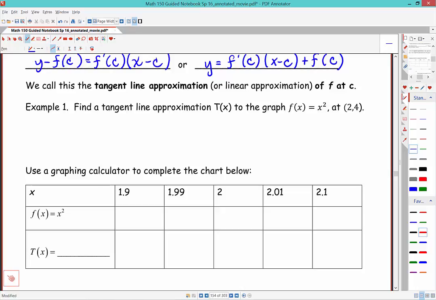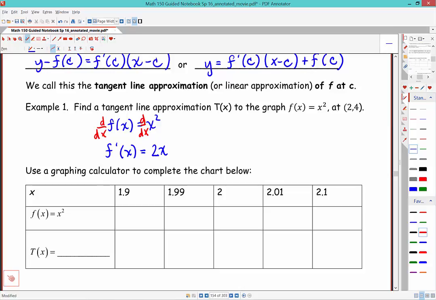What might we need to find first? We might want to find the derivative. So f at x was equal to x squared. If you differentiate both sides with respect to x, we get f prime at x is equal to 2 times x.